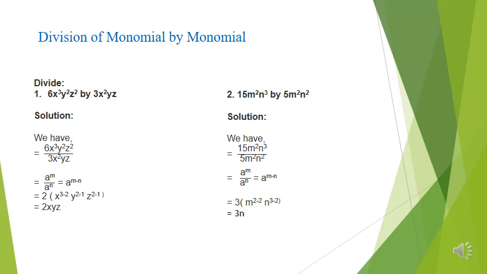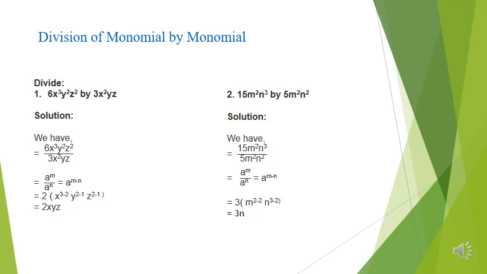Students, here are some examples of division of monomial by monomial, meaning the expression which consists of only one term. Example number one: 6x cubed y square z square divided by 3x square yz. We have to divide it by using the exponential law, a raised to the power n divided by a raised to the power m.